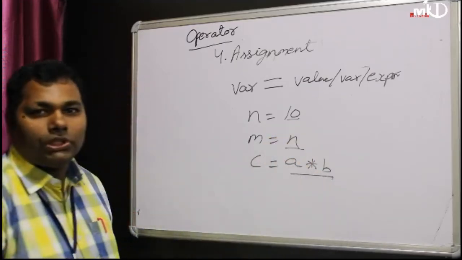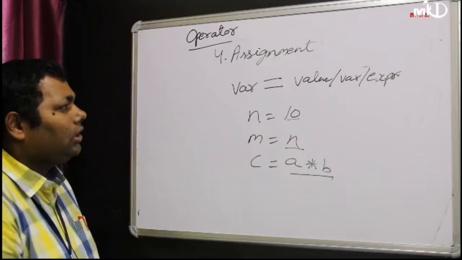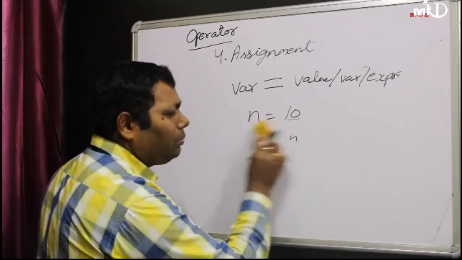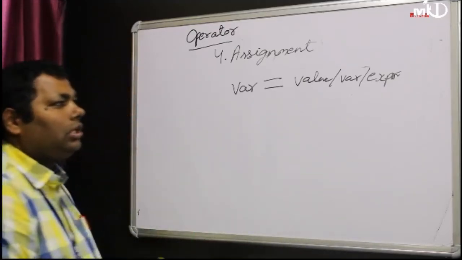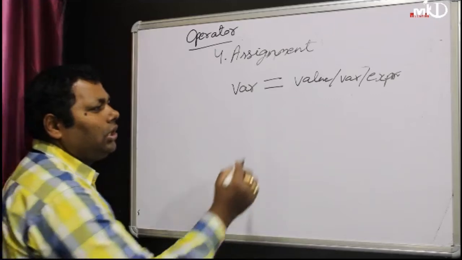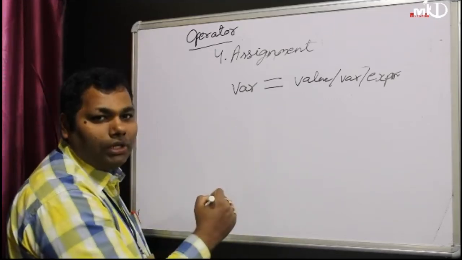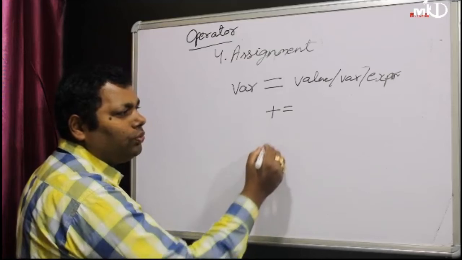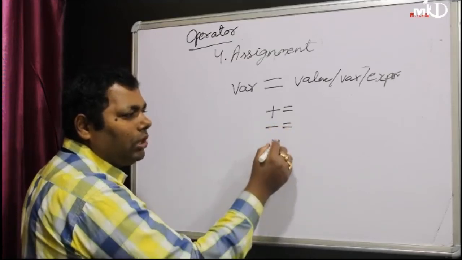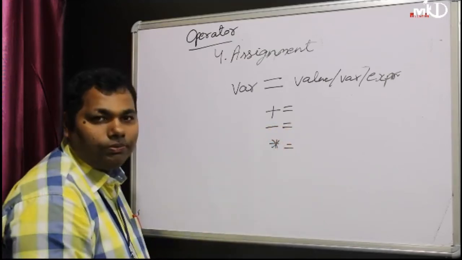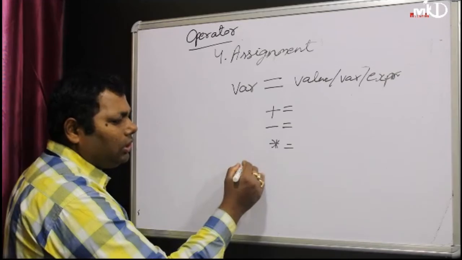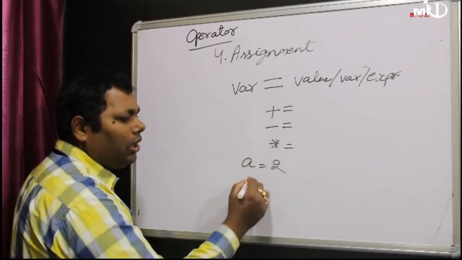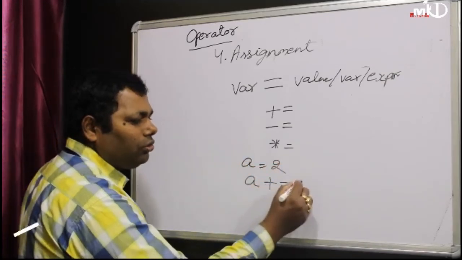Like this. So here these three are variables and this is a value, this is a variable and this is one expression. Clear? Now there is another type of assignment operator used in the C language, that is called complex assignment. Complex assignment is like plus equal to, minus equal to, multiplication equal to. For example, let A equal to 2 and I write A plus equal to 2.